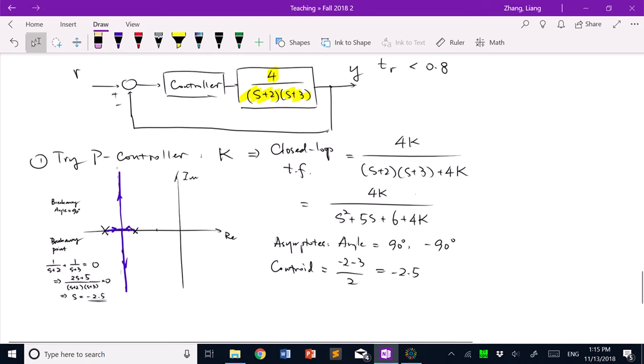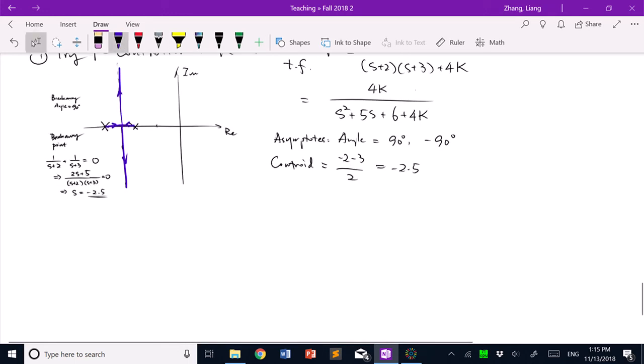Now, we want the overshoot to be 5%, right? This is what we want.